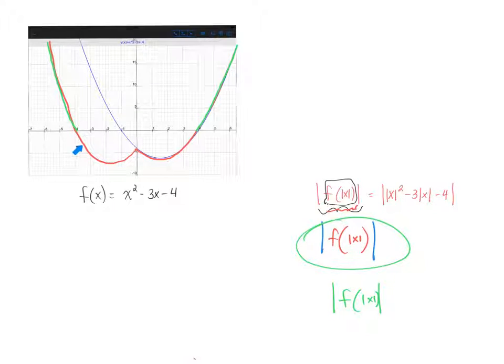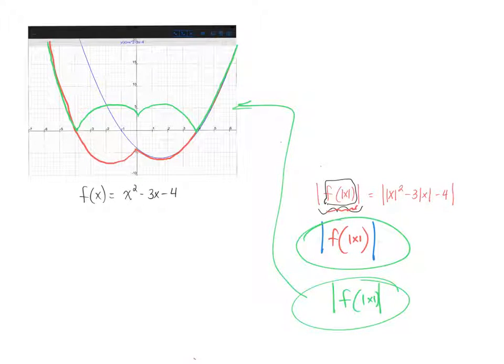But all this stuff underneath the x-axis is going to get reflected back above the x-axis. So this point down here is going to get flipped up there, something like that and that. So that light green graph that you see up there is the absolute value of f of the absolute value of x. So hopefully that helps you.